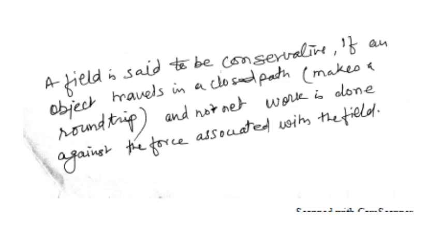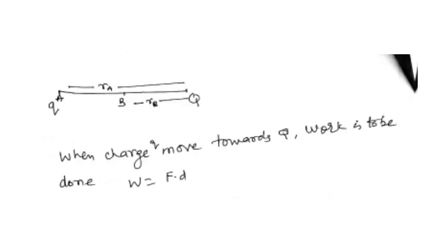Suppose we have a charge capital Q, and we want to move this small q charge towards this capital Q. When the charge moves towards Q, work is to be done. And that work we use in the form of FD, force into displacement.